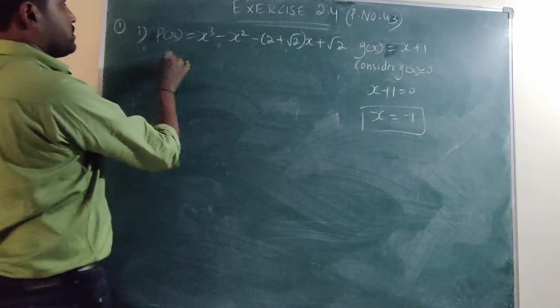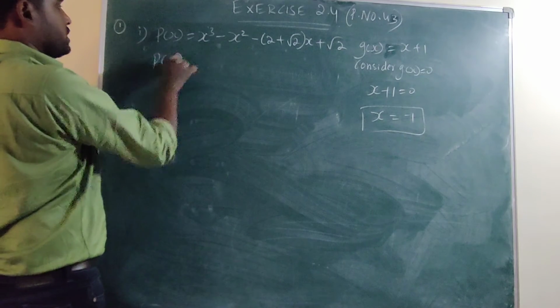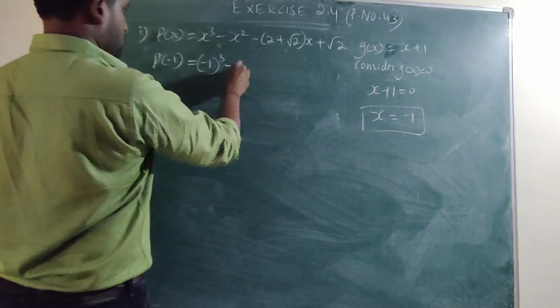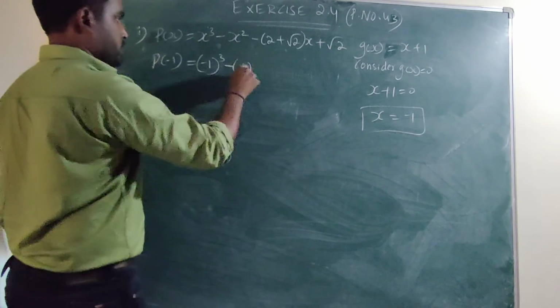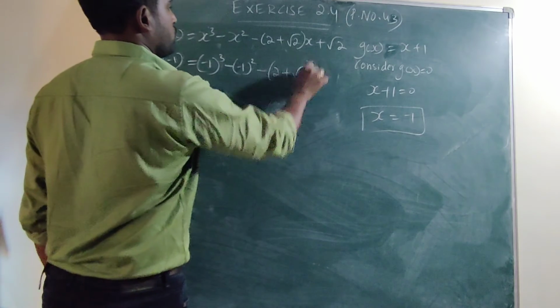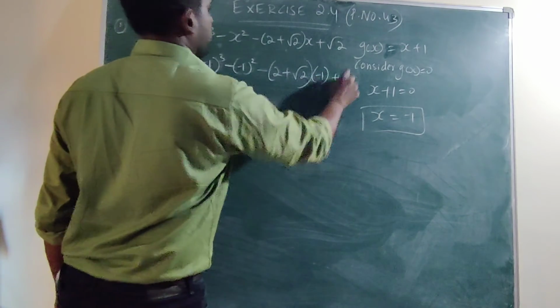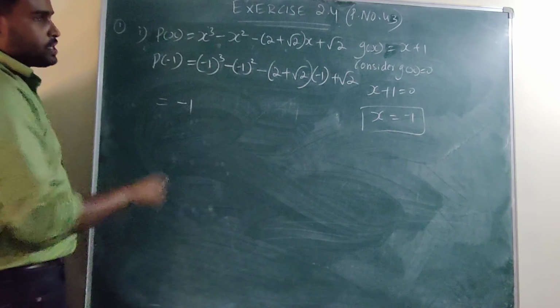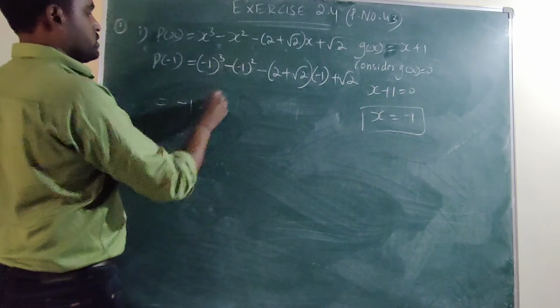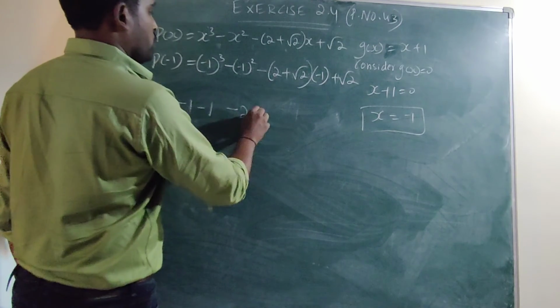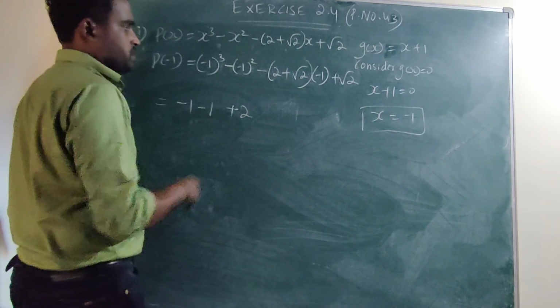Here we can write, instead of x, minus 1. Minus 1 cube, minus into minus 1 square, minus 2 plus root 2 into minus 1 plus root 2. Minus 1 cube is minus 1. Minus 1 square is plus 1, minus 2, minus into minus plus 2.